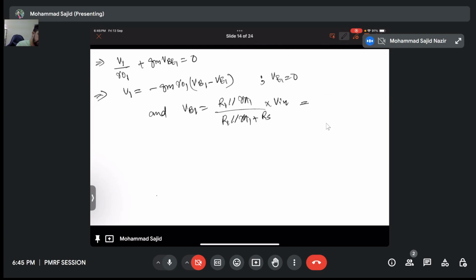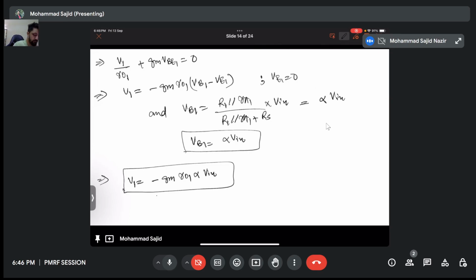Let me call this alpha V in. So VB1 is alpha times V in. Substituting it in V1, V1 will be minus Gm R0 times alpha times V in. So this is my relation of V1 in terms of V in.